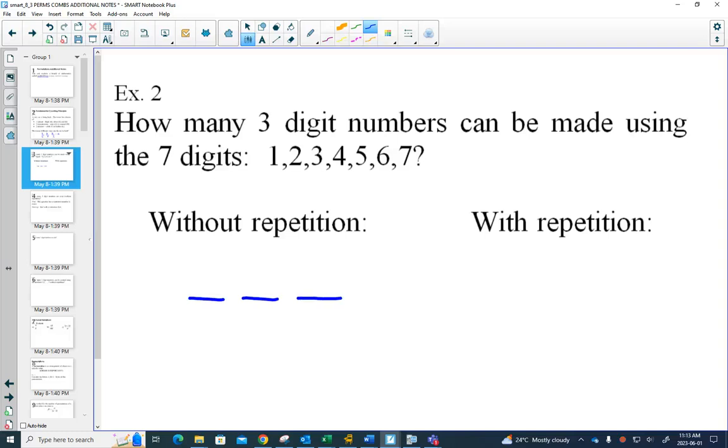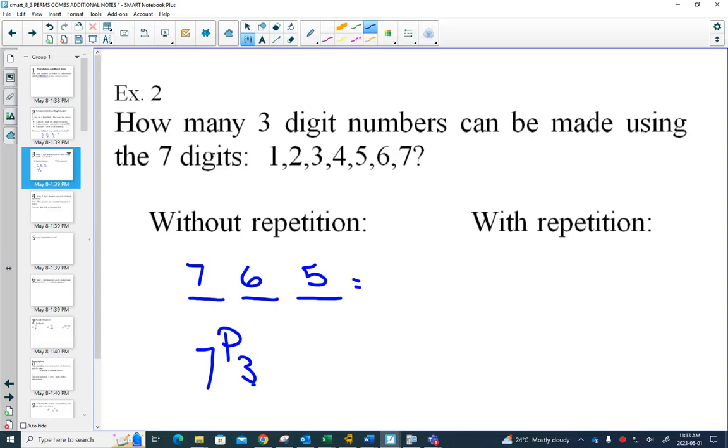So if you weren't allowed to repeat them, does it make sense that you would have 7 choices for the first number? You could choose any one of those 7 numbers. But once one of them is used up, then you only have 6 left, followed by 5. And we learned that we could write this in permutations notation because there's 3 spaces starting with the number 7.